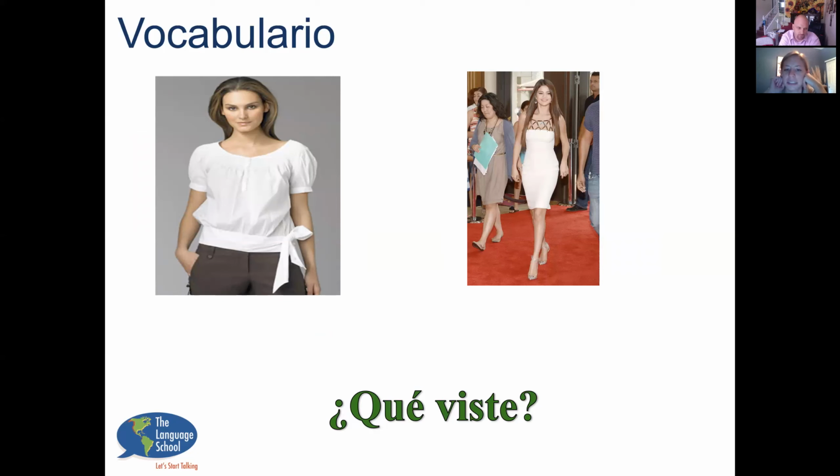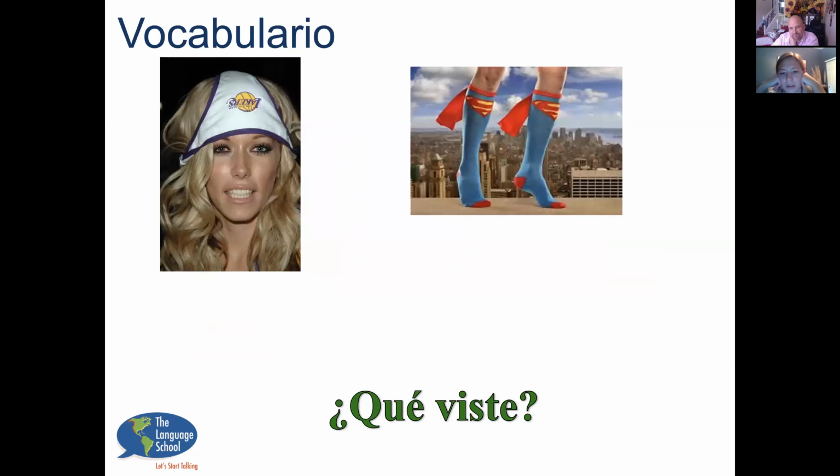Ella viste una blusa. Muy bien. Y a la derecha, ¿qué viste? Selena viste un vestido. ¿Qué viste a la izquierda?